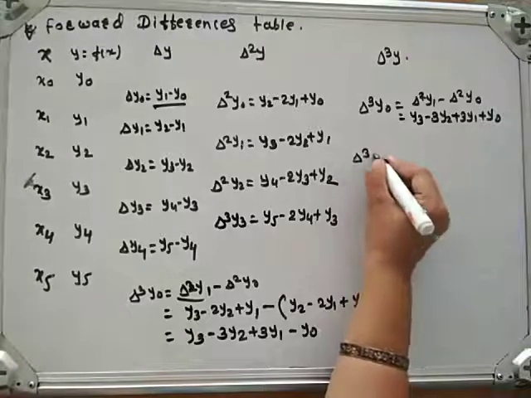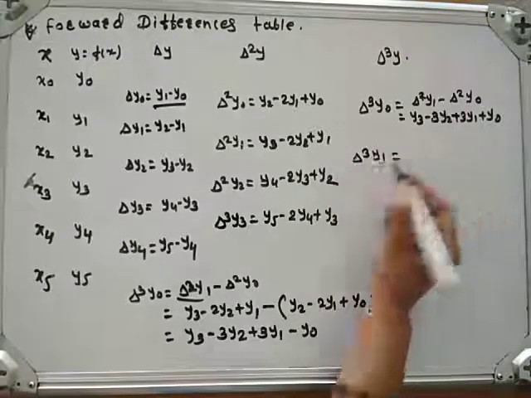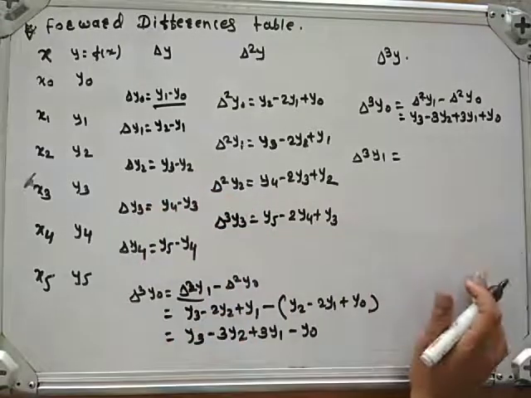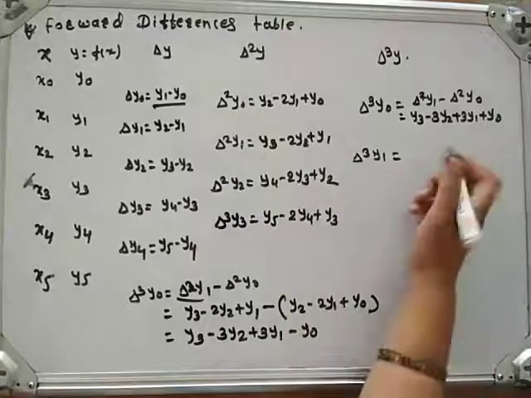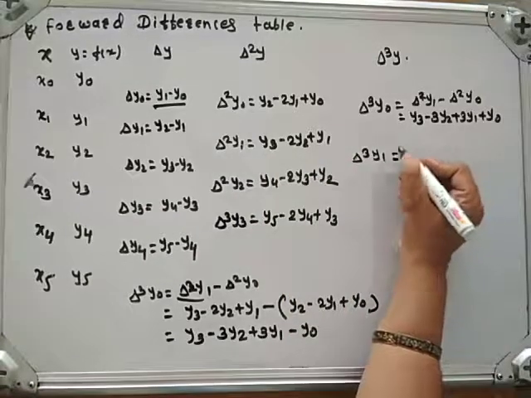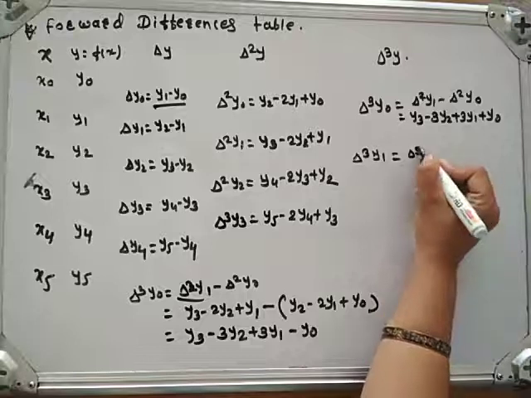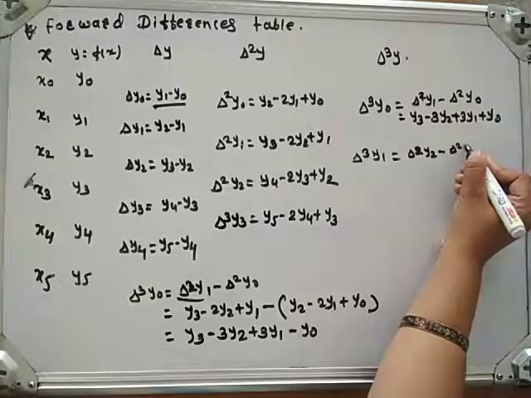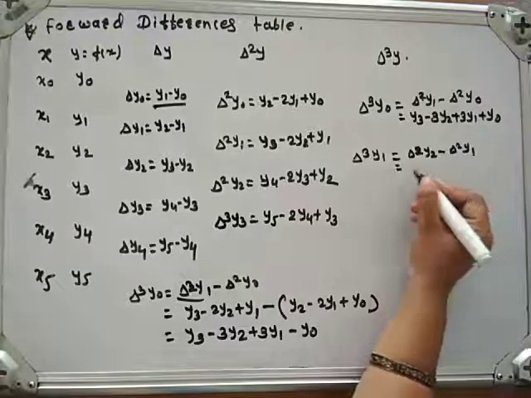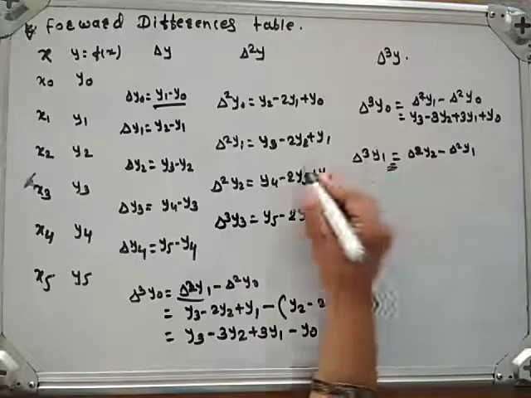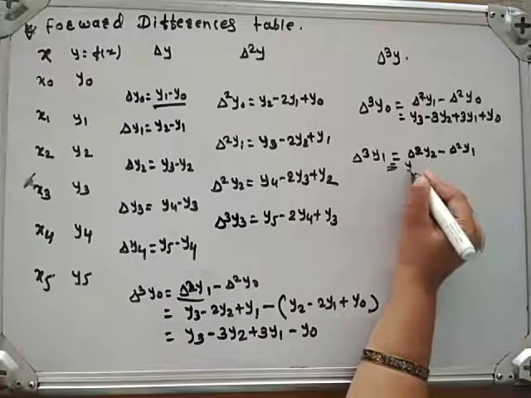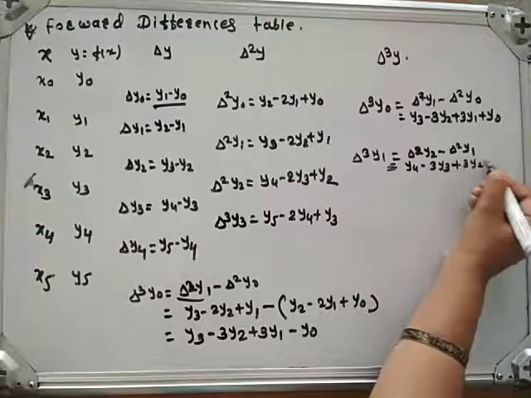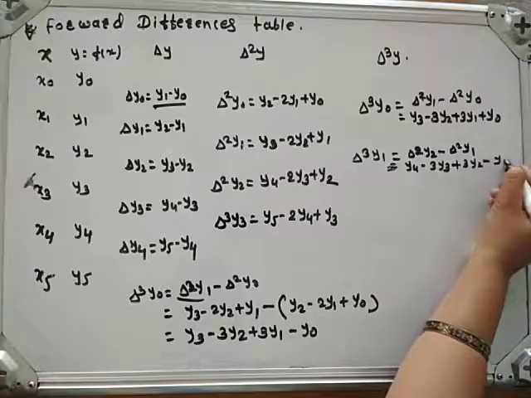Next, delta cube y1. It is the difference of delta square y2 and delta square y1. Simplifying this, we get y4 minus 3y3 plus 3y2 minus y1.